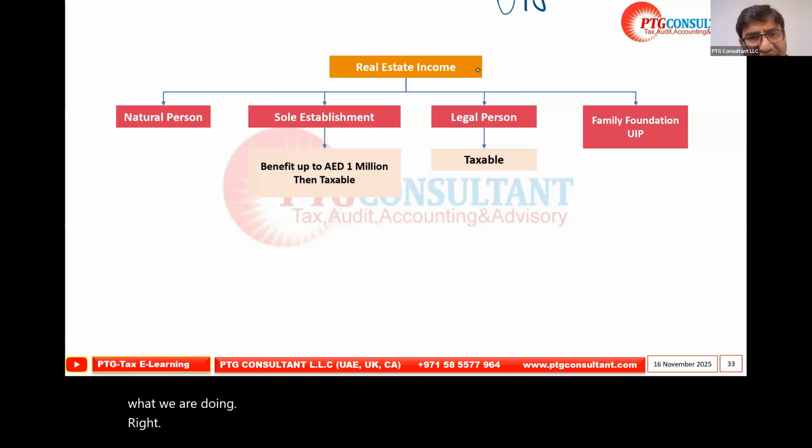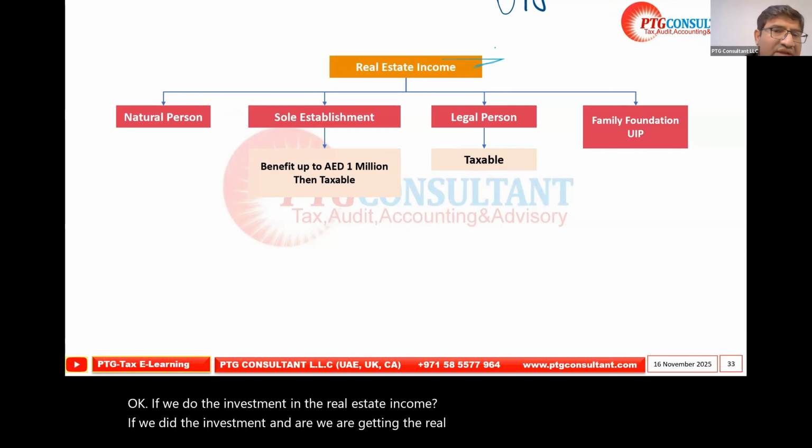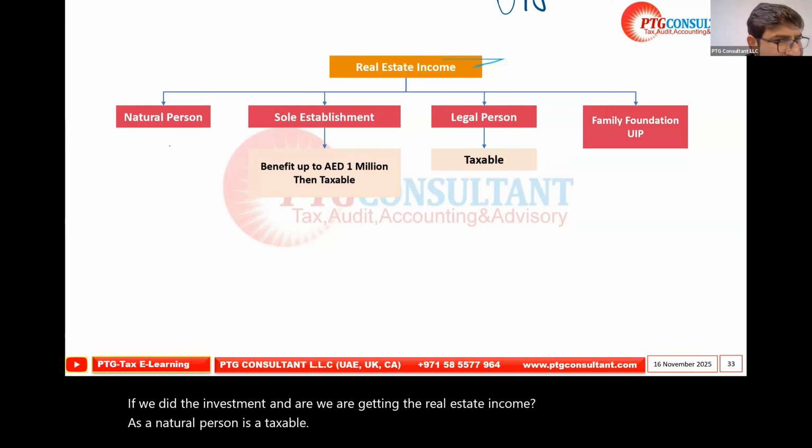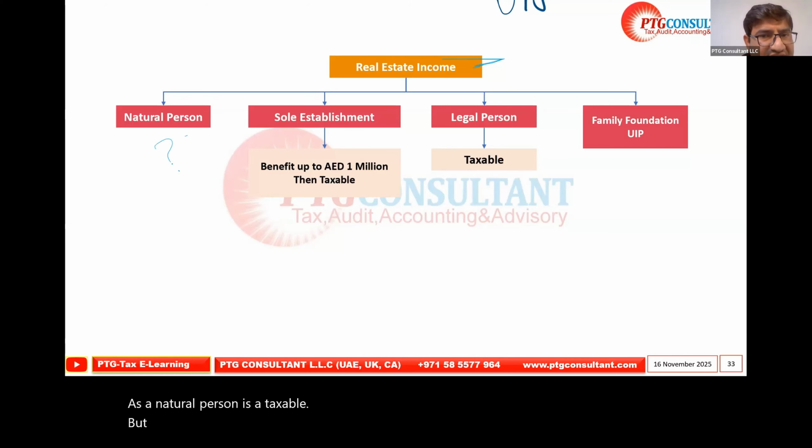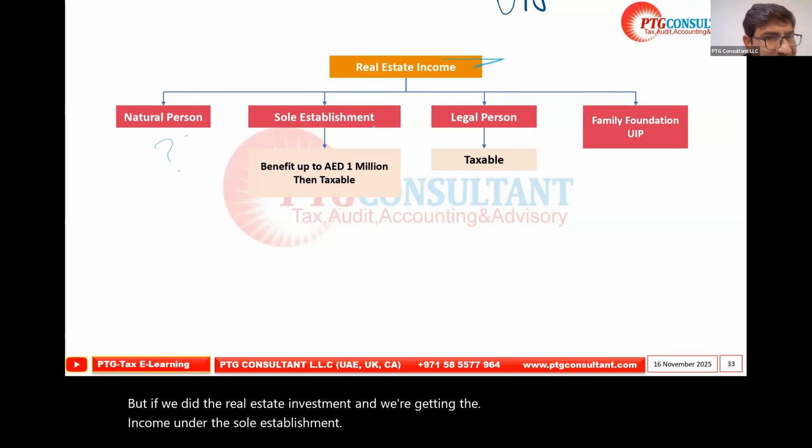Okay, if we do the investment in real estate and we are getting the real estate income as a natural person, is it taxable? But if we did the real estate investment and we are getting the income under a sole establishment, is it taxable?